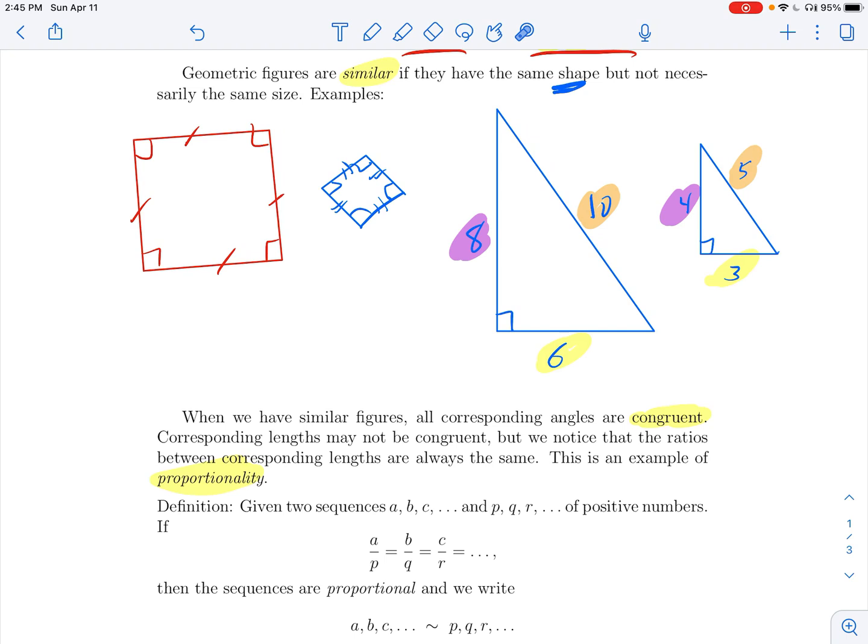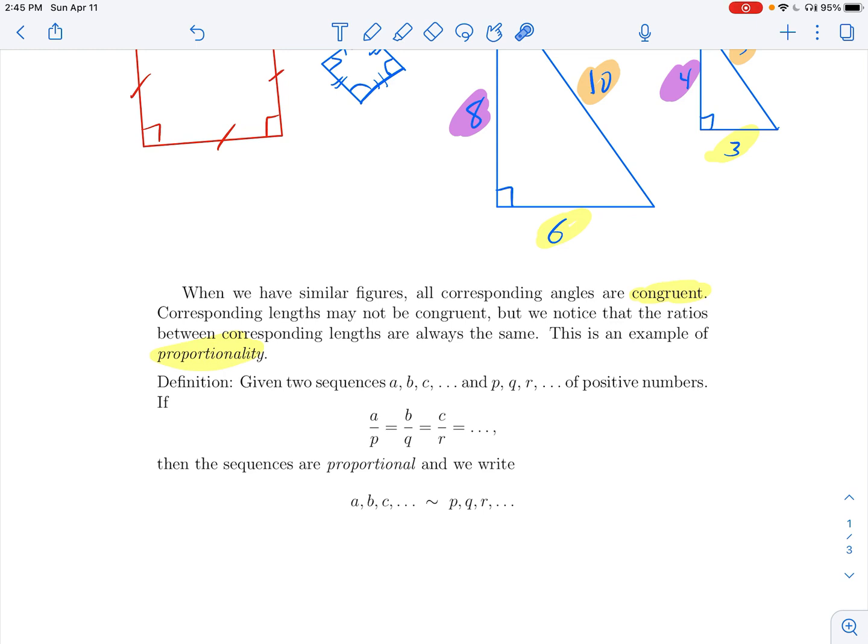And I'm going to give you the formal definition of proportionality, but really, if you just understand that there's this ratio that's always the same, that's the gist of it. So if I have two sequences, and a sequence is just a list, so I have one list that starts A, B, C, and maybe it keeps going, and I have another list, P, Q, R, that keeps going.